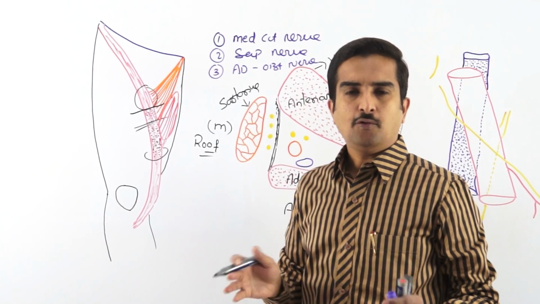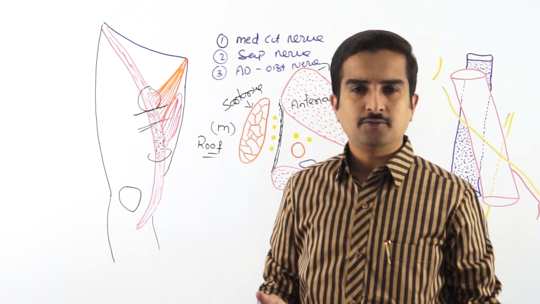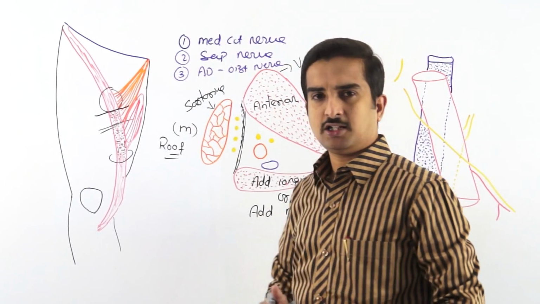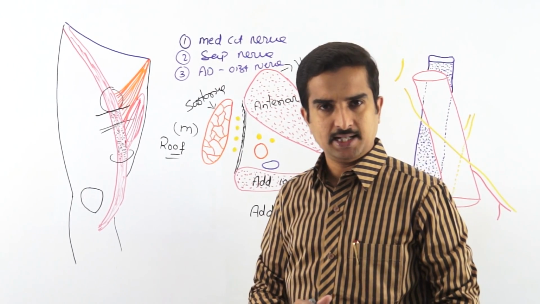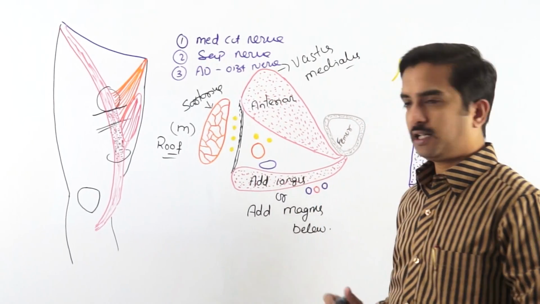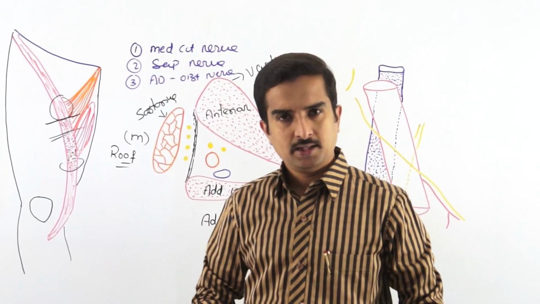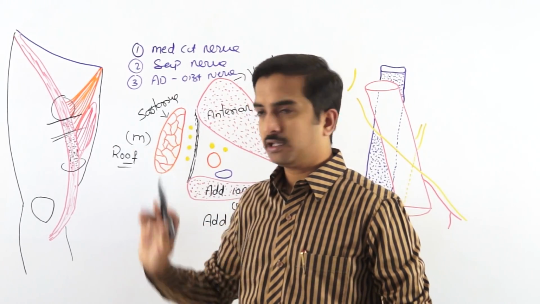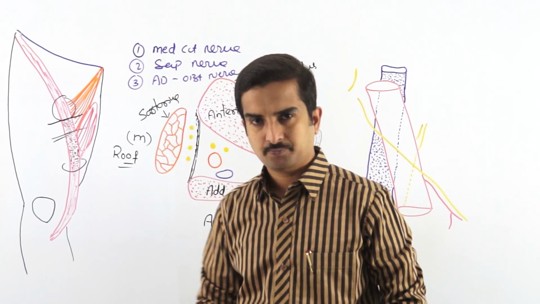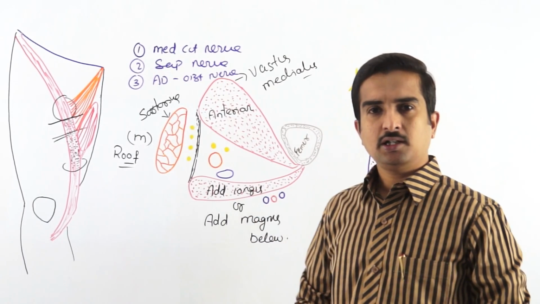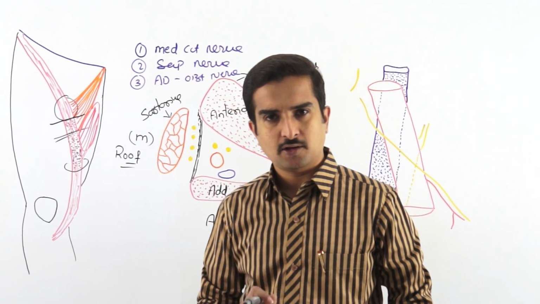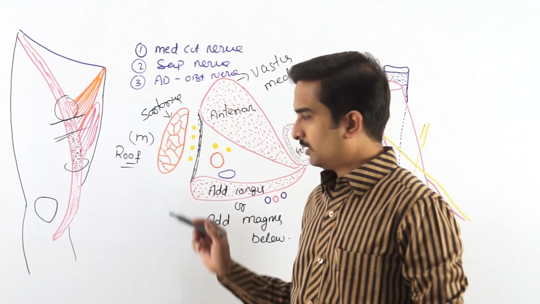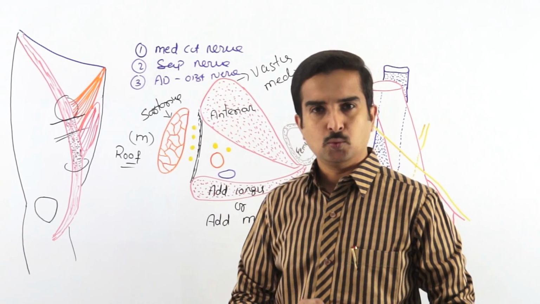So now we know what the boundaries of the adductor canal are, right? Anteriorly it is formed by the vastus medialis. Posteriorly it is bounded by the adductor longus above and the adductor magnus below. The posterior wall is also called the floor of the canal. Next, coming towards the medial wall. The medial wall forms the roof.